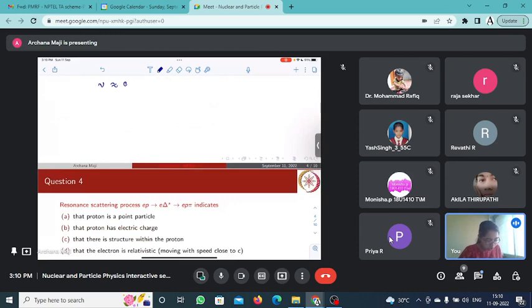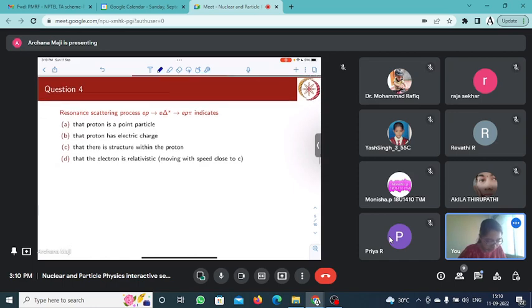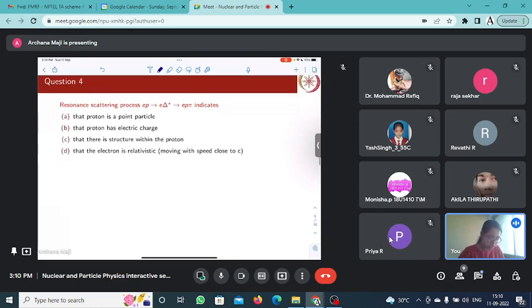Okay, the resonance scattering process indicates the proton is a point particle, that the proton has electric charge, that there is structure within the proton, or that the electron is relativistic.